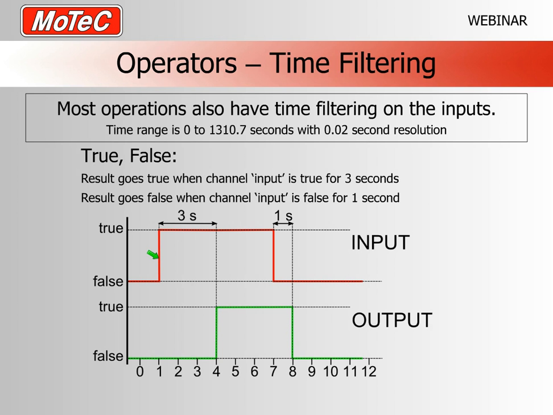So here we have a true-false condition where the input goes to the true condition, and then we have a 3-second delay before the output goes high. And we can set a separate delay for the false condition, so the input goes back to false here, and then 1 second later our output goes low. So this is quite a useful way to tailor the way our indicators are working, and how we're driving things like relays as well.